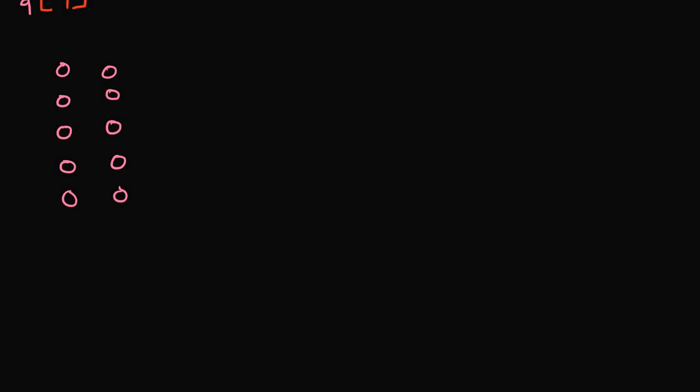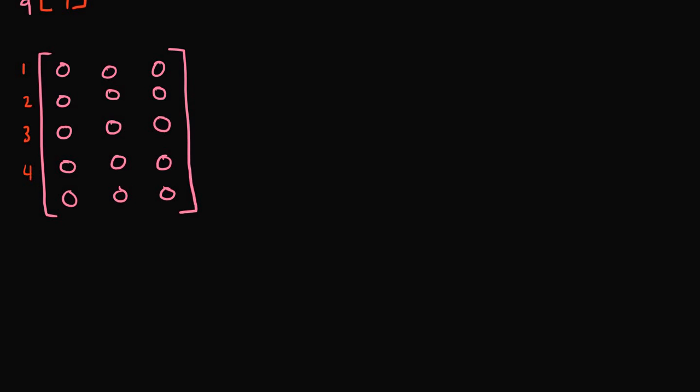Now let's scroll down a little bit more and take a look at this matrix. 0, 0, 0, 0, 0, 0, 0, 0, 0, 0, 0, 0, 0, 0, 0. Well, let's count the number of rows. We have 1, 2, 3, 4, 5 rows, and we have 1, 2, 3 columns. So the number of rows is equal to 5, and the number of columns is equal to 3.